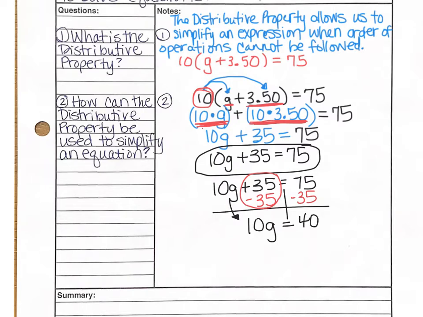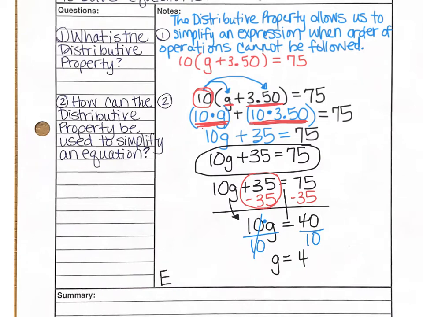In order to solve this the rest of the way, we need to divide both sides by what's in the multiplication problem, which was 10 times g. So g is equal to 40 divided by 10, or 4.